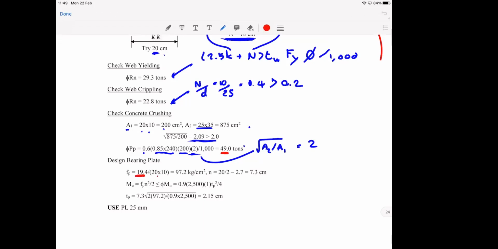So fp is now the actual load, the actual ultimate load, okay? The actual factored load divided by the area of the plate. So we have this. Okay, that becomes your fp. And now, because this is the beam model, I can go back and look at the beam.